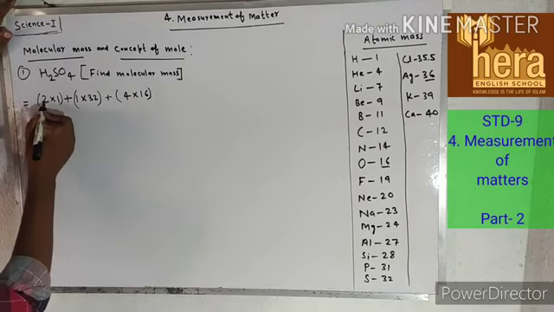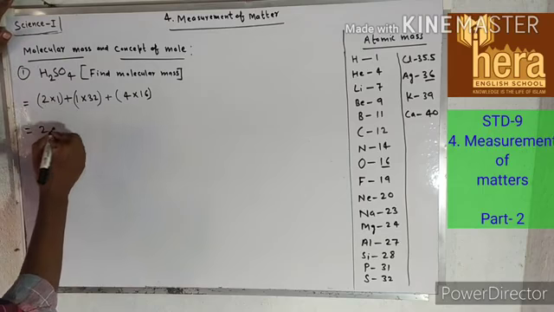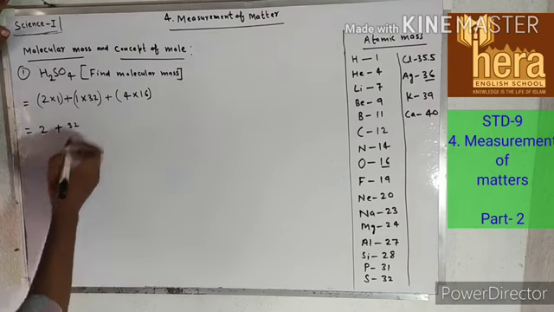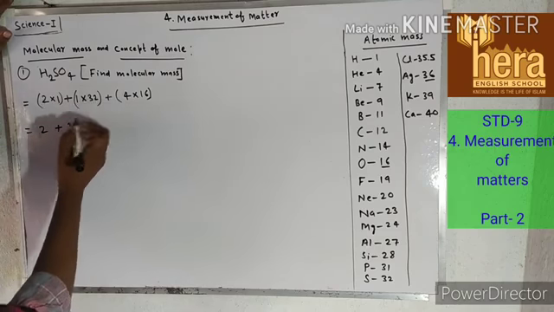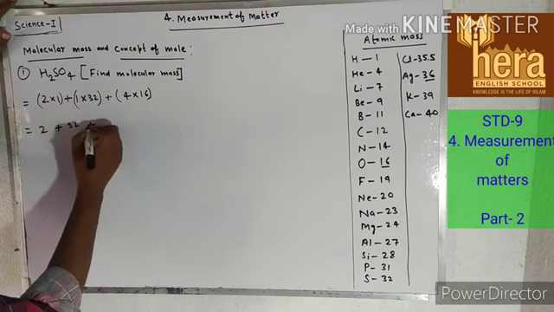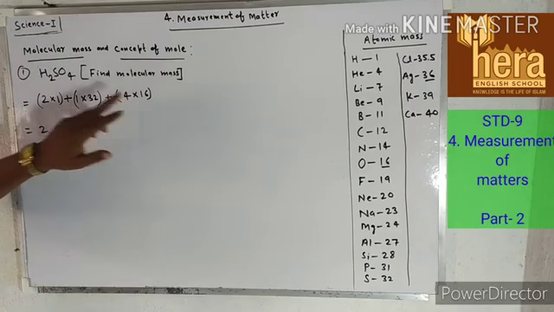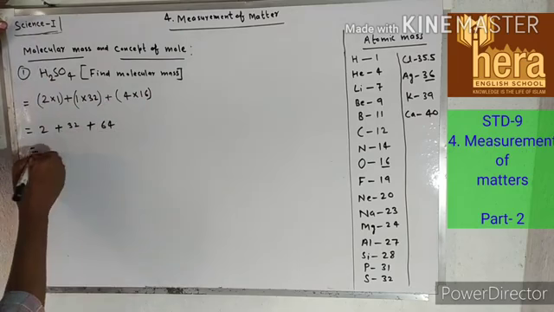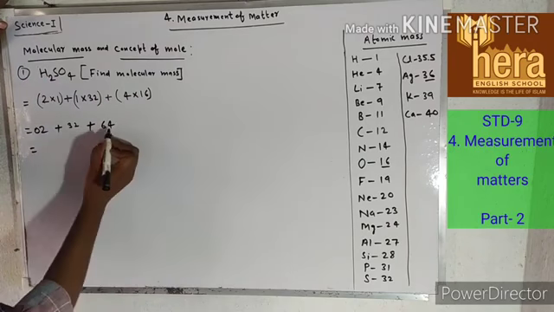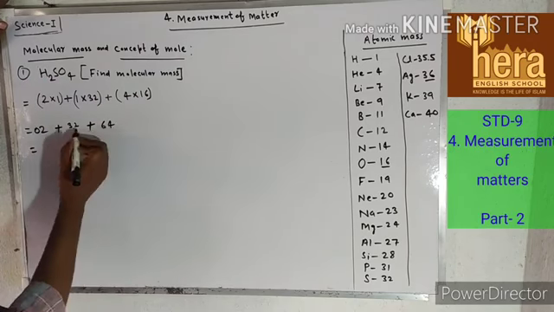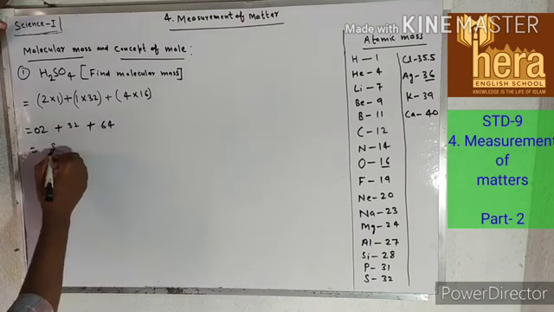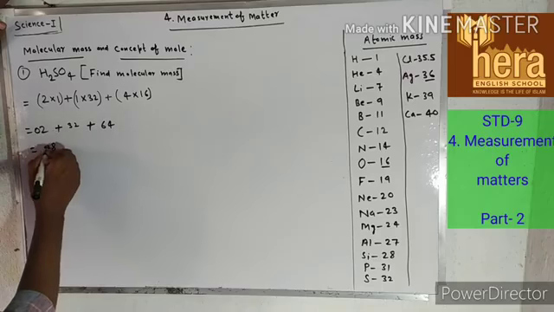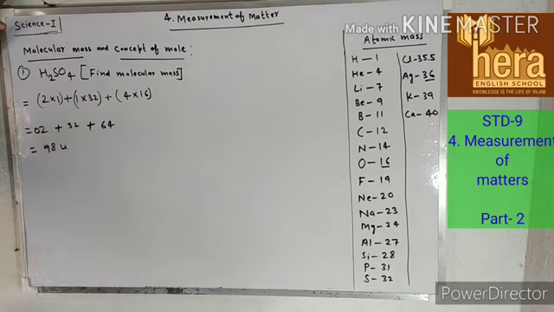this will be equal to 2 into 1, that is 2, plus 32 into 1, that is 32, plus 16 times 4, that is 64, which will be equal to 98 U. What is U?